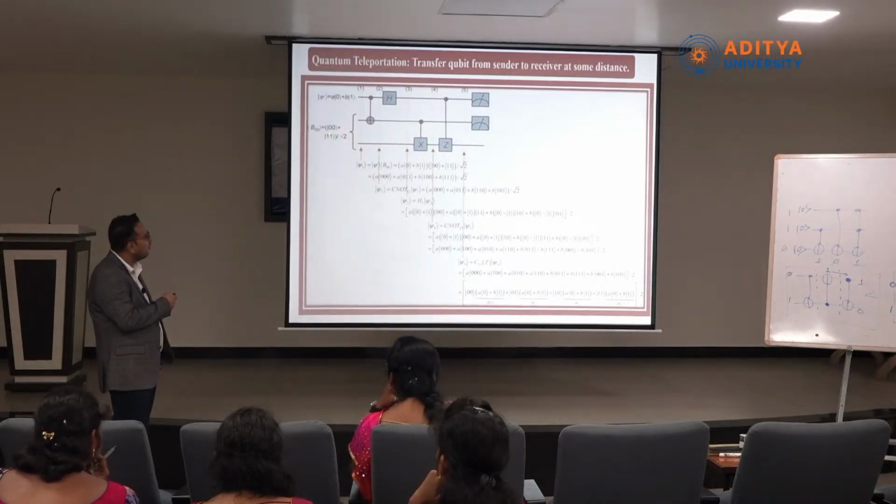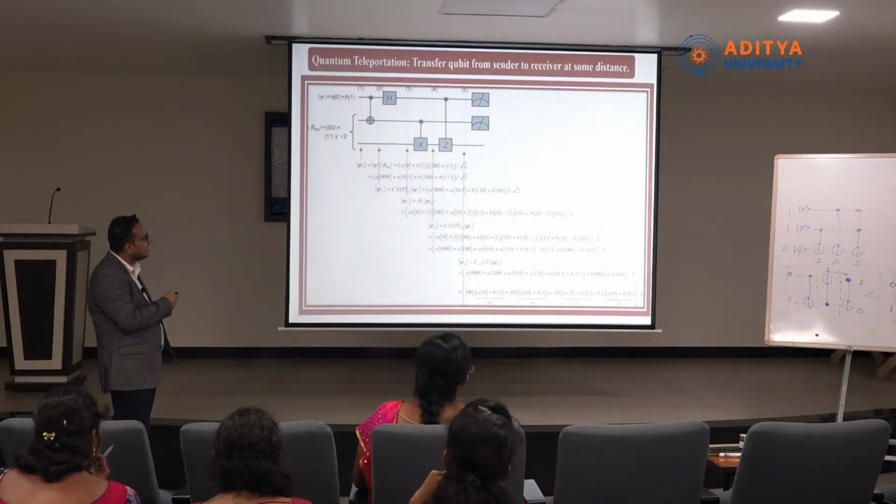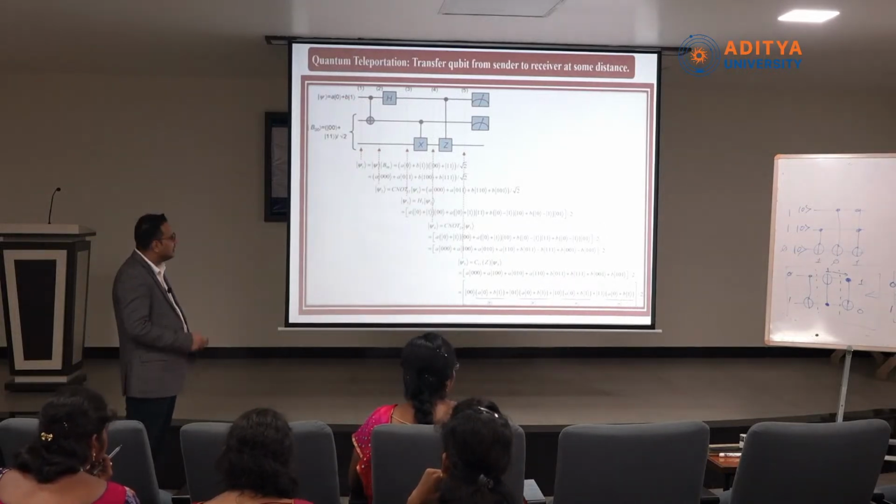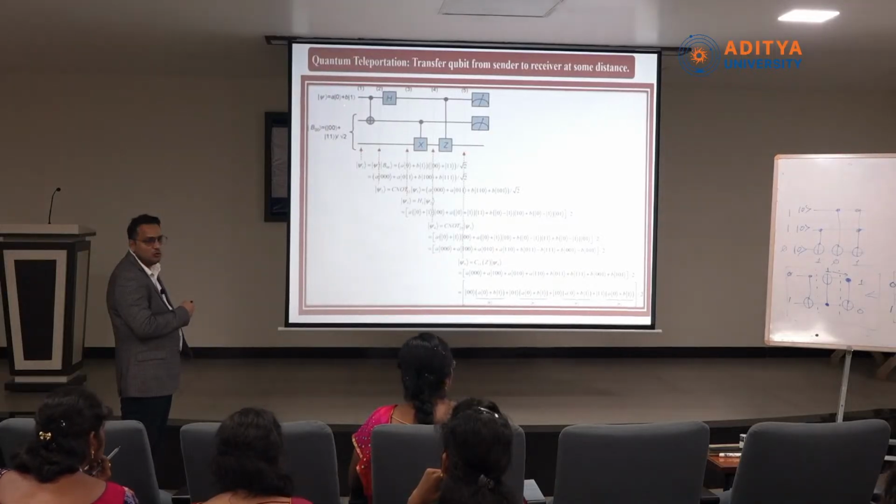Followed by that, now create an entanglement between the sender's information and the sender's qubit. Clear? Now what I am doing here is that whatever information we want to send, its reverse entanglement is getting created from qubit number 1 to qubit number 2.